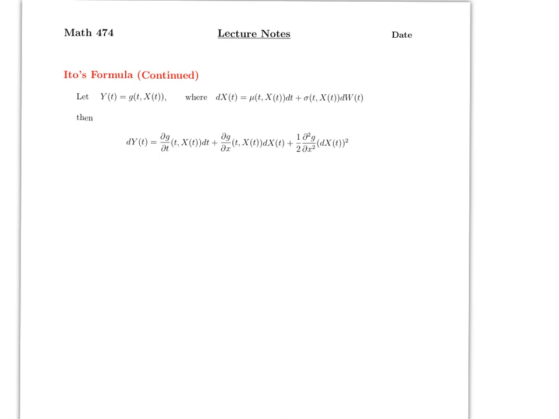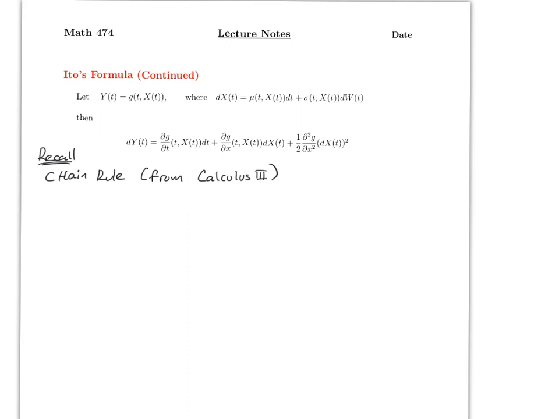Now, before we talk about the formula, let's talk about the chain rule in calculus. So recall this from calculus. Actually, I think this is in calculus 3.